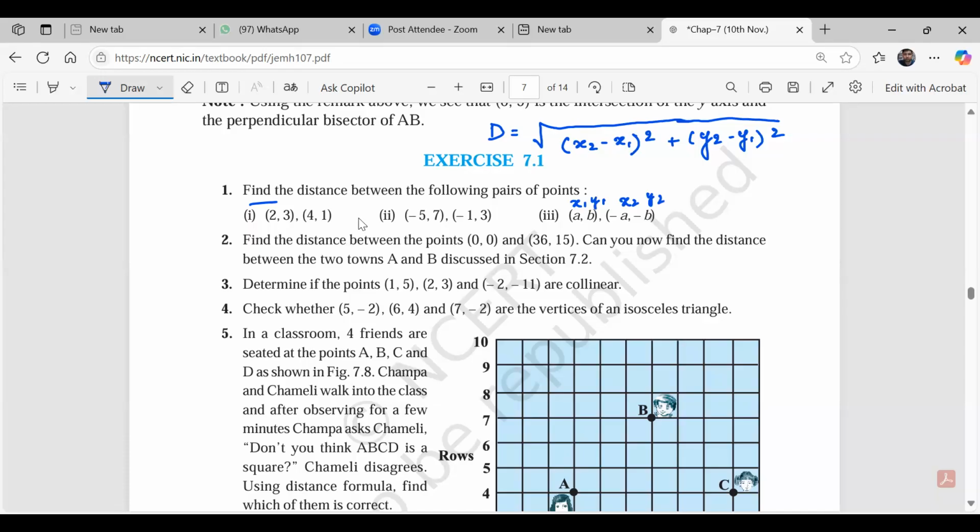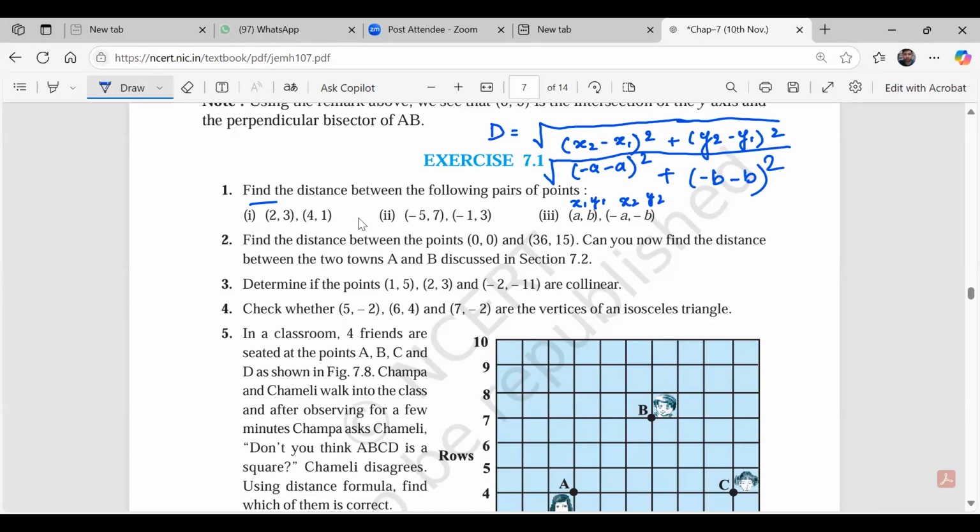So x2 is minus a, minus x1, minus a, whole square. Root is also there. Plus y2 minus y1. Our y2 is minus b, minus our y1 which is just b. Root is still there, and square is there. Is it making sense to all of you?